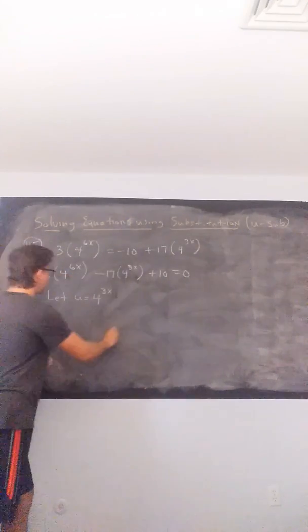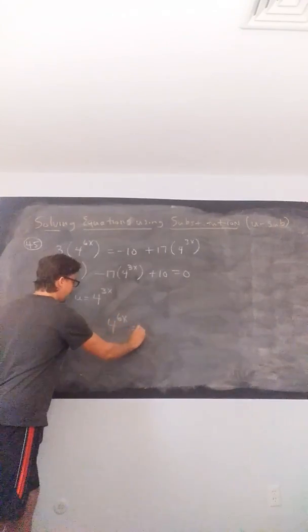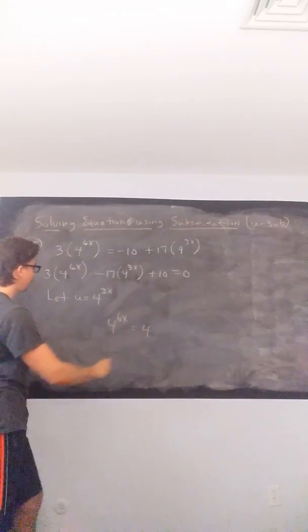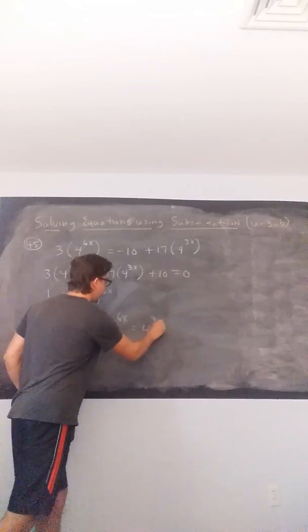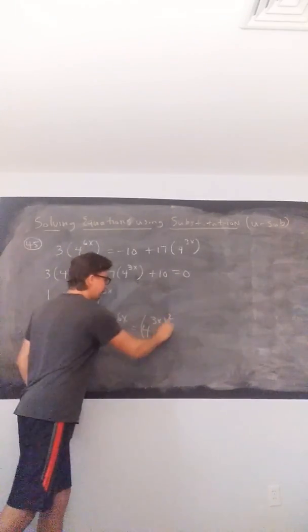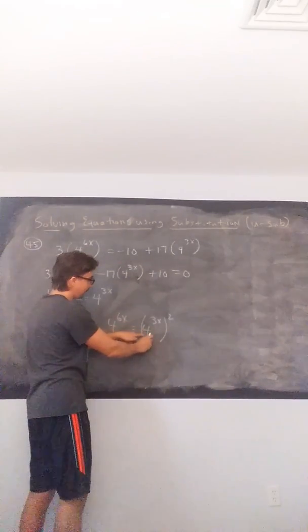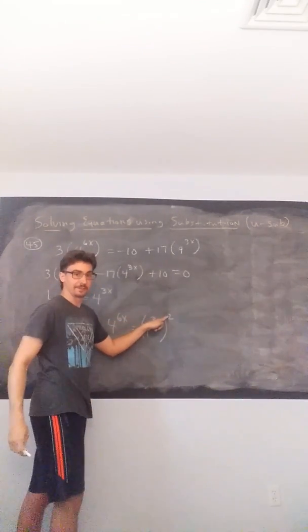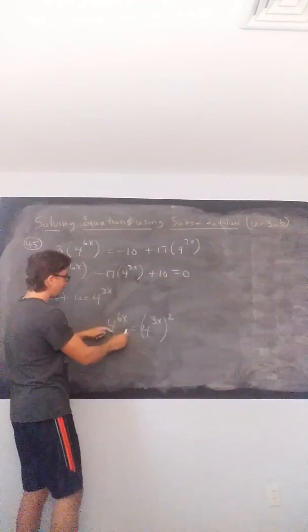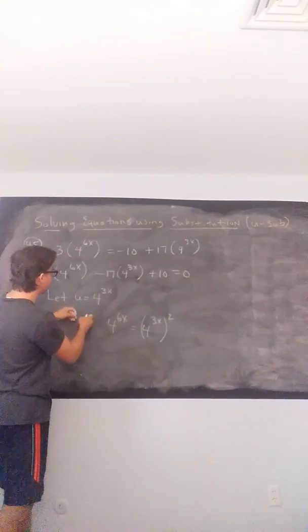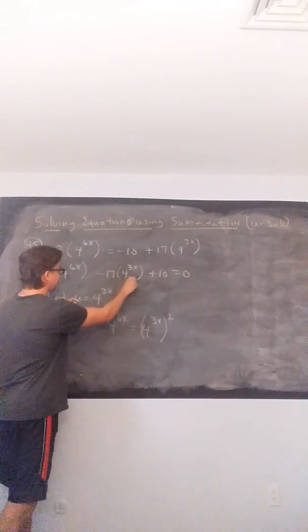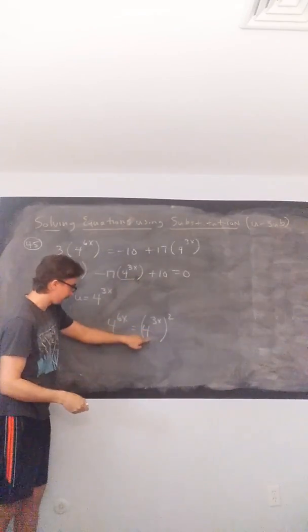Remember how we could write 4 to the 6x? We could write that as 4 to the 3x raised up to the 2, right? You see that? So 4 to the 6x can be written as 4 to the 3x raised up to the 2. And that works out perfectly because look what your u is. u is 4 to the 3x. And that's what we have right here.